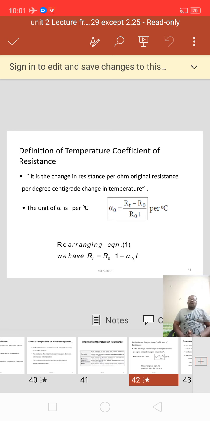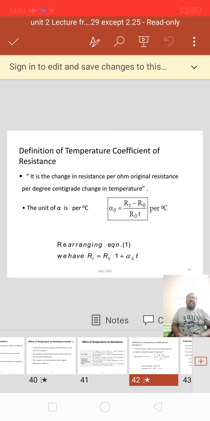Therefore, alpha naught equals RT minus R0 by R0, per degree Celsius. By rearranging the equation, we have RT equals R naught into 1 plus alpha naught into T. Simply, taking the denominator term to the numerator, alpha naught into R naught into T equals RT minus R naught.